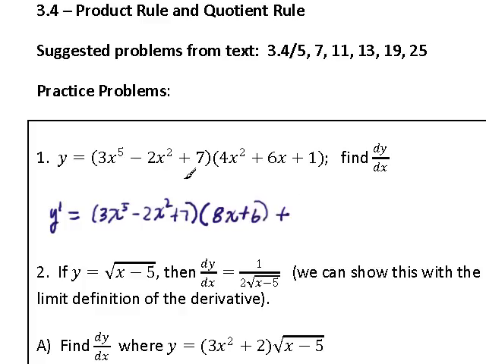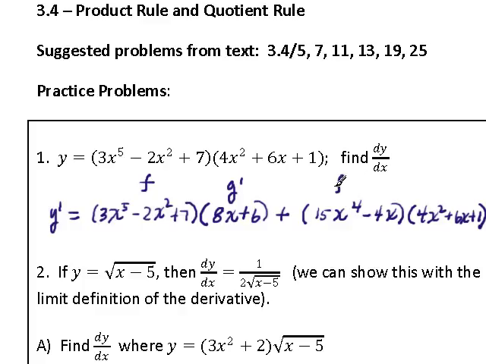Okay, plus the derivative of the first, that would be 15x to the fourth minus 4x times the second. So what we have here is, you could say, f g prime plus f prime g. All right, let's go on.